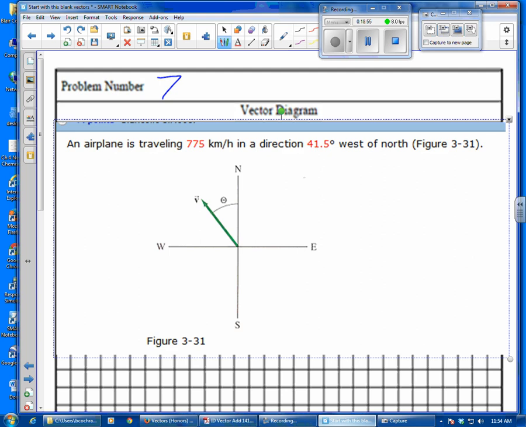So I'm assuming that you guys could do part A here, finding the components. Given that you have theta in there, right? You could find the opposite side and the adjacent side like we did in, what was it, number 2 that we did today? Yes?